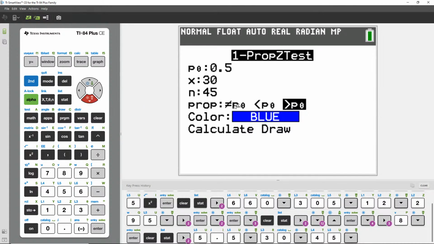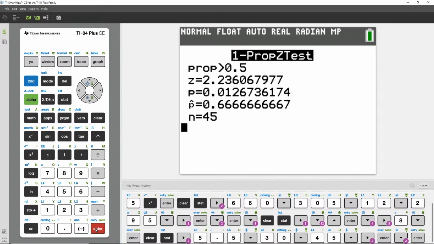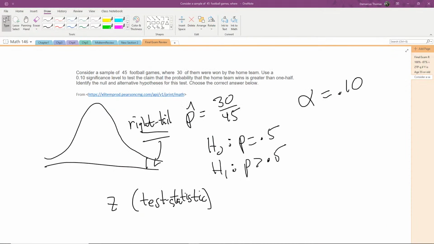We also know that the alternative is greater than null. Hit calculate. All right. Our test statistic is 2.23 or 2.24. Our p-value is 0.01. That's actually much less than that 10% that we have to compare it to.